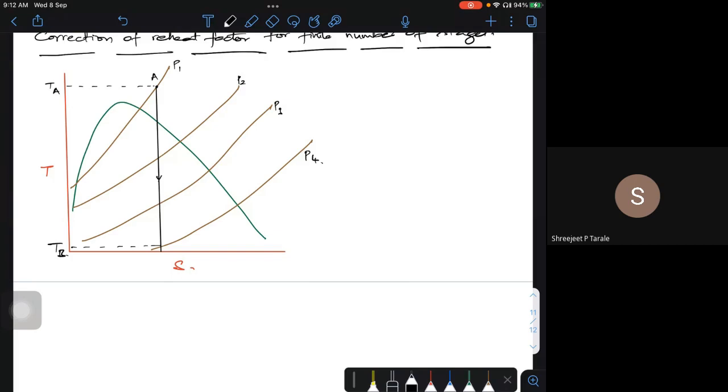If you look at the saturation lines, a correction factor is always based on these saturation lines. Why this particular thing?